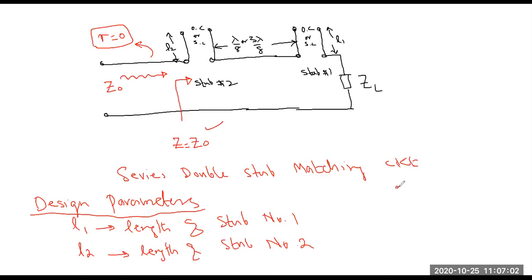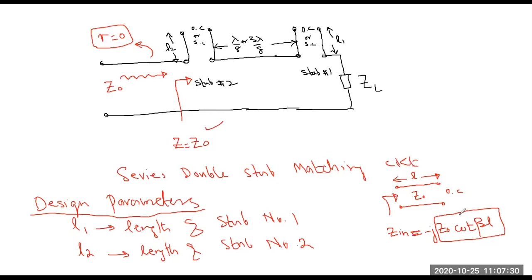We have found that for such a line, if it is open circuit, the input impedance Zin is equal to minus j Z naught cotangent beta L. It means this is some number that depends on the length of the stub.